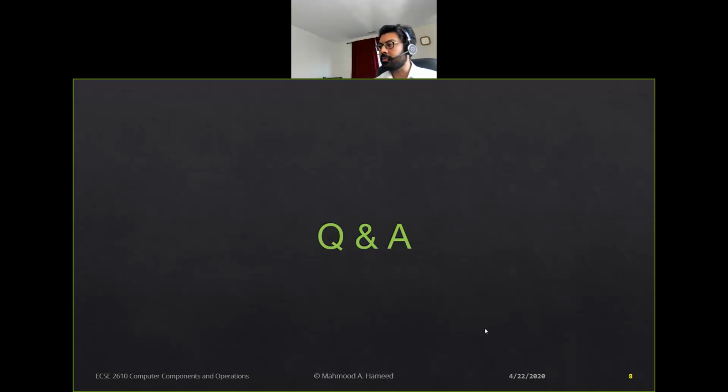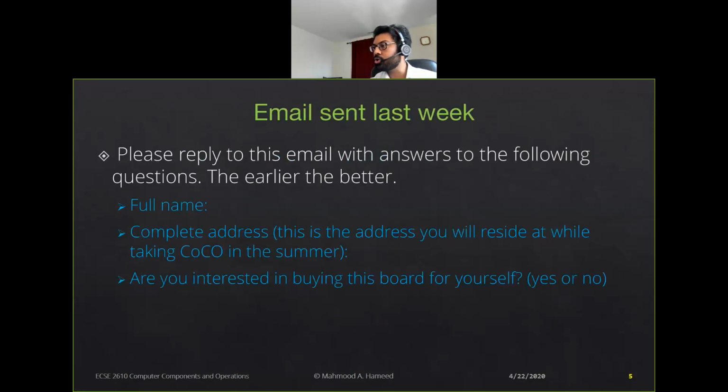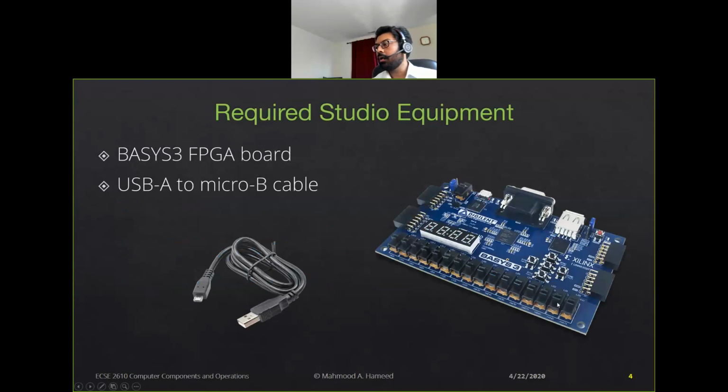A lot of these terms might not seem familiar, but we will be essentially making the board. So if I go back to the picture of the board here, say for example, I want a message to scroll on top of the 7 segment displays. Can I do that? And I want it to scroll only when I flip a switch. Can I do that? Those kinds of projects require a lot of design.